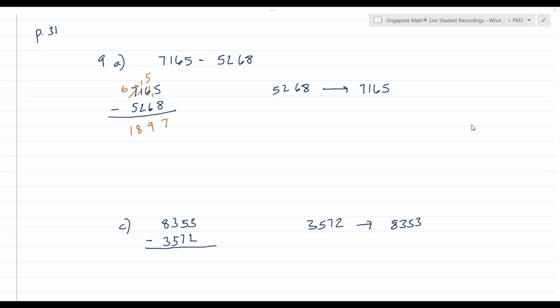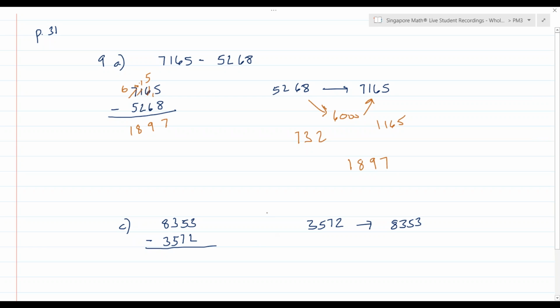Notice from 268 to get to 6,000, I need 900, 9 tens, 10 ones, and then 1,165 will take me from 6,000 to 7,165. And if I add those, I'll have 1,000 and 800 and 9 tens and 7 ones. I do like that right side method, but it's also good to know how to subtract from borrowing and carrying.